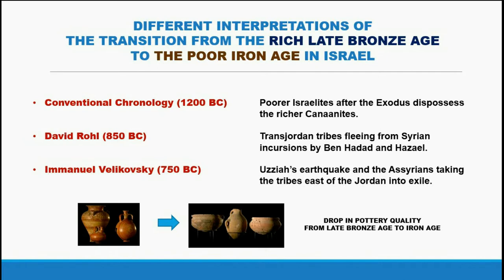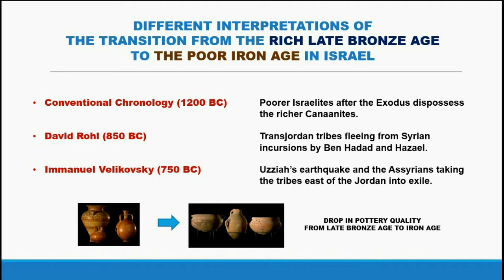There is agreement amongst archaeologists that the Late Bronze Age was a period of prosperity in the land, and then when it transitions to the Iron Age, there is a sudden drop in the material culture, and the evidence shows that the land was much poorer in the Iron Age. There is also evidence of great destruction at the transition at this particular time.